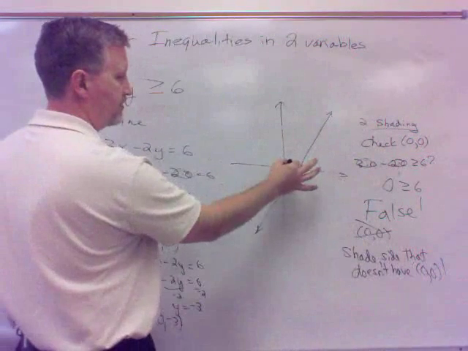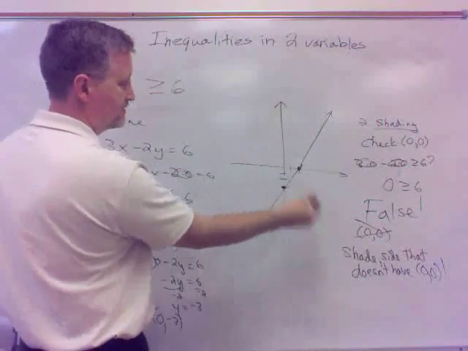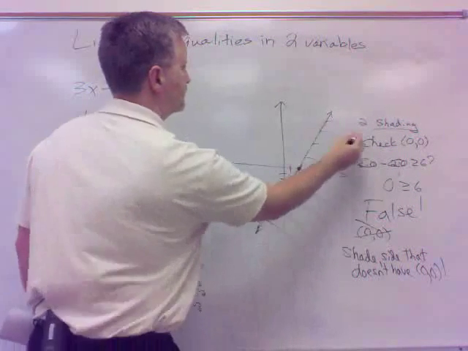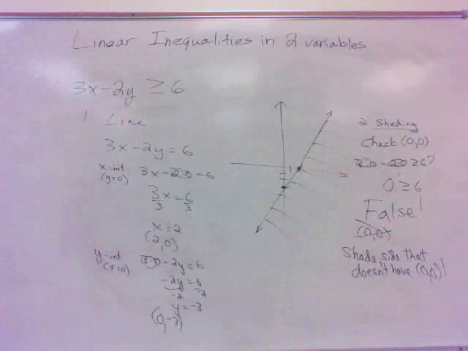Here's 0, 0, which is on this side, so I'd go to the other side. How's that? Okay? So with an inequality, you do the line, but then you do the shading as well. All right? Okay.